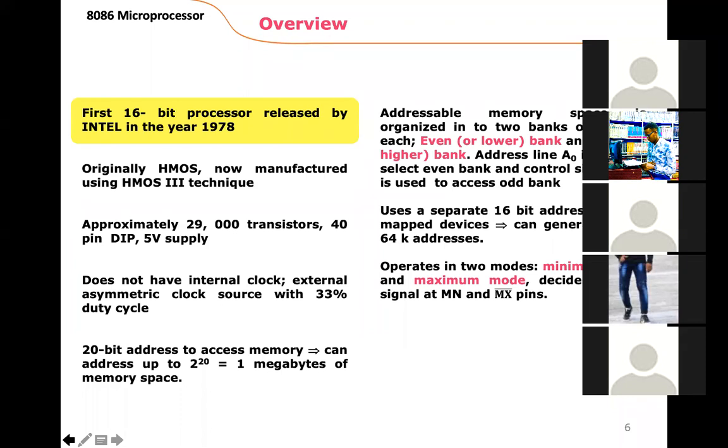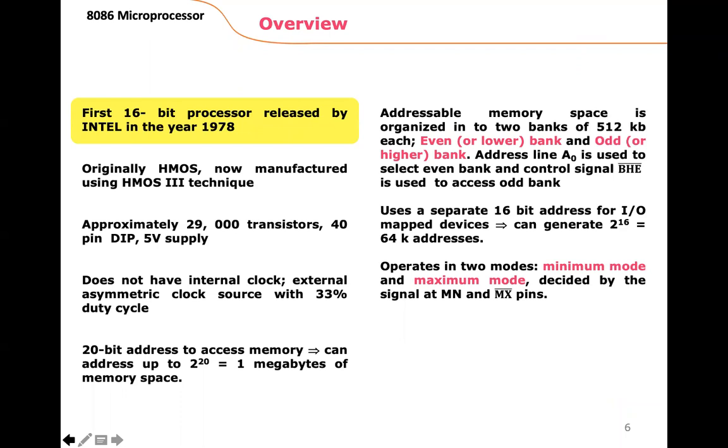And you know our Pentium 1 microprocessor. How many transistors are included in the Pentium 1 processor? We don't know, sir.